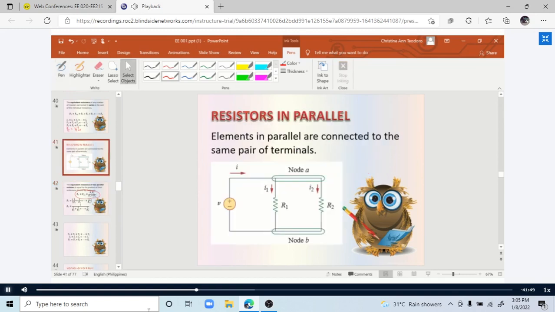So if you have this circuit, you have your R1 and you have your R2, you can get the total resistance of R1 and R2 by simply getting the product of R1 and R2 divided by the sum of R1 and R2. You can get the equivalent resistance of R1 and R2 through this formula.